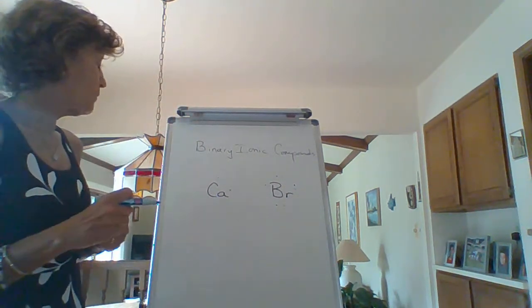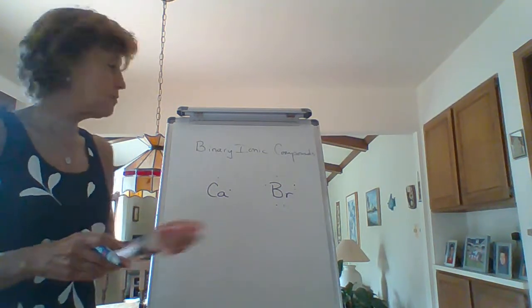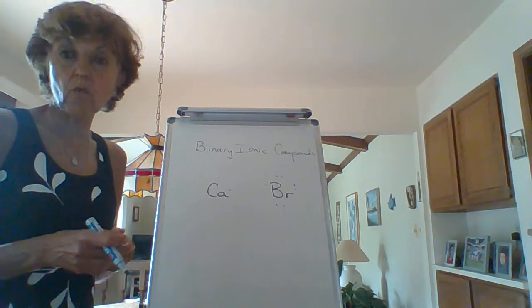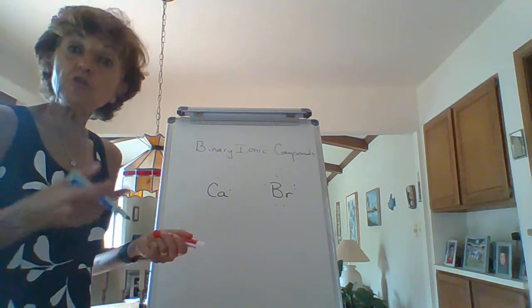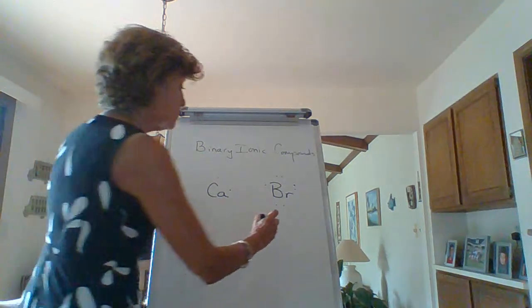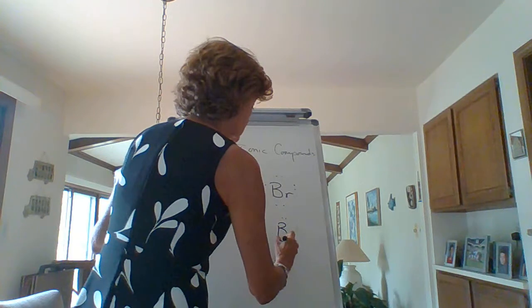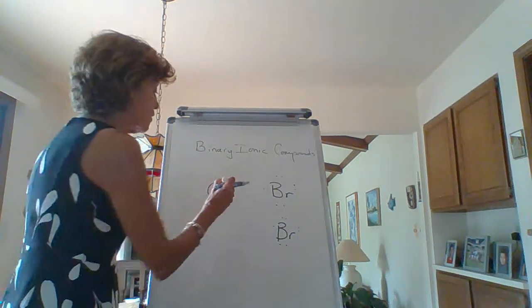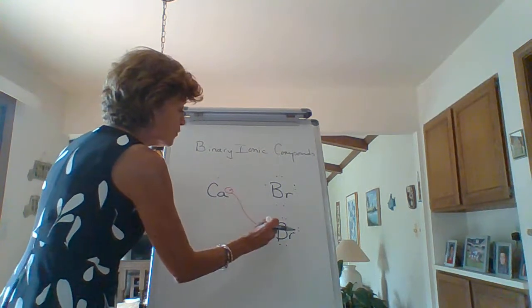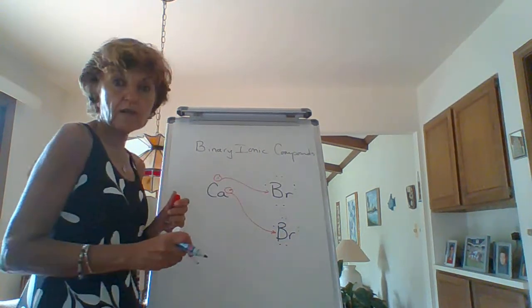Now the calcium wants to give up 2 electrons, but bromine only wants to pick up 1. What's going to happen? You've got to have 2 bromines in order for the calcium to manage to get rid of both electrons. So this one comes over here, and then this one comes over here.